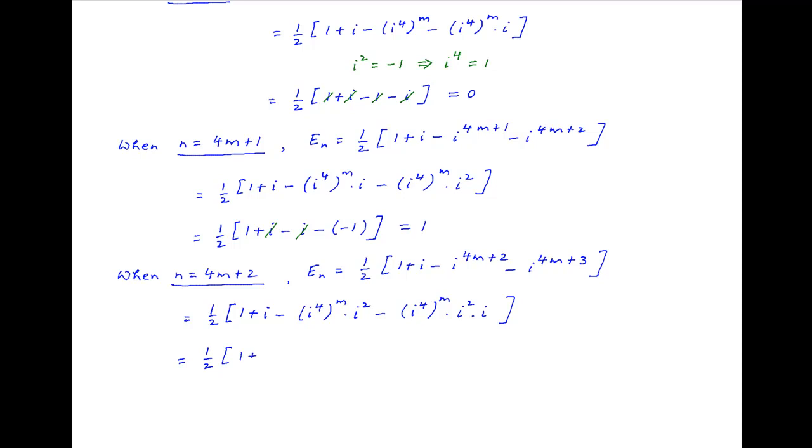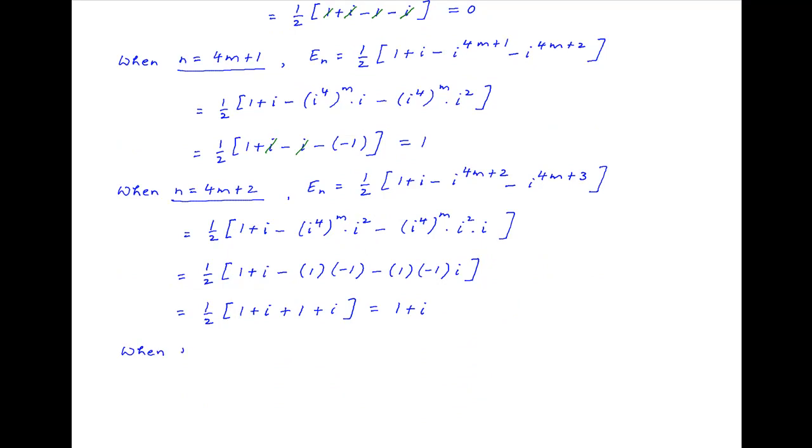And this simplifies to half of 1 plus i minus 1 minus of minus 1 times i. And this is equal to half of 1 plus i plus 1 plus i, which is equal to 1 plus i.